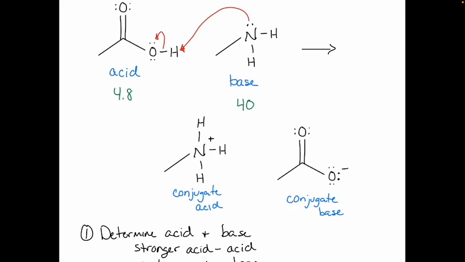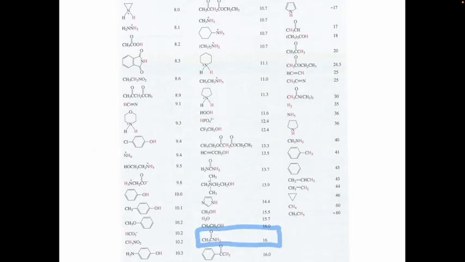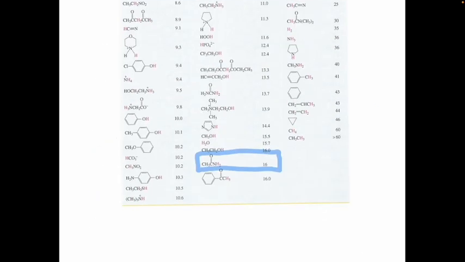We already did it for our acid. That was that 4.8. Now we need to look up the pKa of our conjugate acid. So I'm going to put up that pKa chart again.